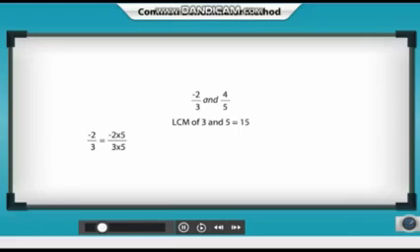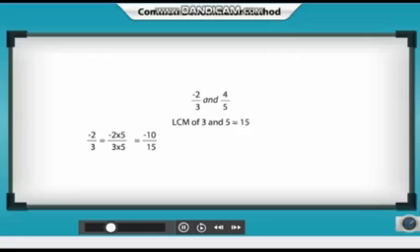We multiply the numerator and denominator of the rational number -2 by 3 with an integer, so that the denominator becomes 15. By multiplying the numerator and denominator of -2 by 3 by 5, we get -10 by 15.